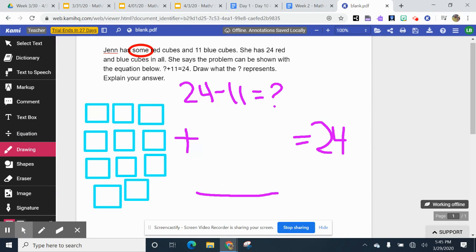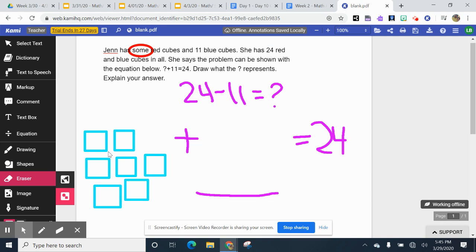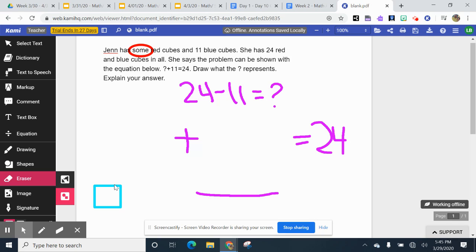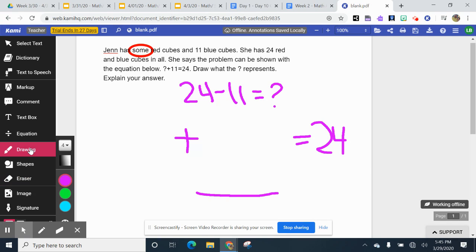So we go ahead and erase some of this because we're not going to use the cubes right now. I think that was a good representation. We're going to do the real subtraction problem. Starting with 24 in sticks and ones, we're still going to use our drawing tool.